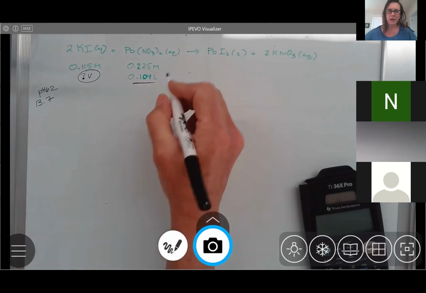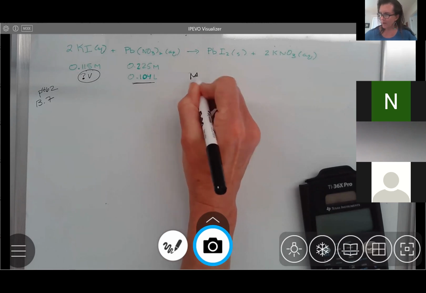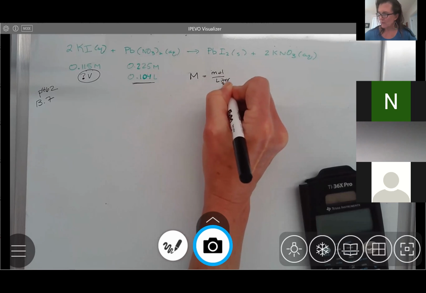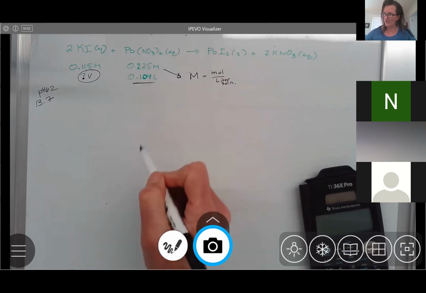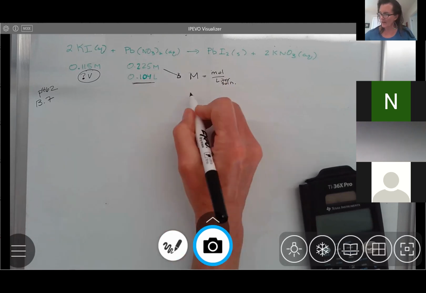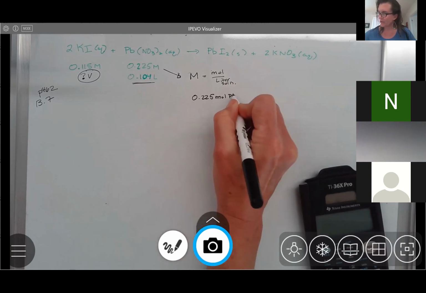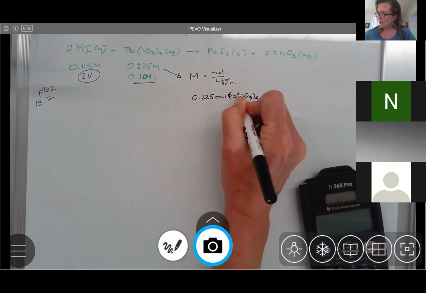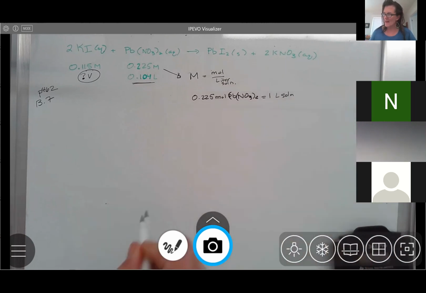One thing I want to remind you guys is that big M stands for moles per liter of solution. So another way of looking at the 0.225 molar is to say that there are 0.225 moles of lead nitrate in 1 liter of solution. And from that equivalence, we can make conversion factors.